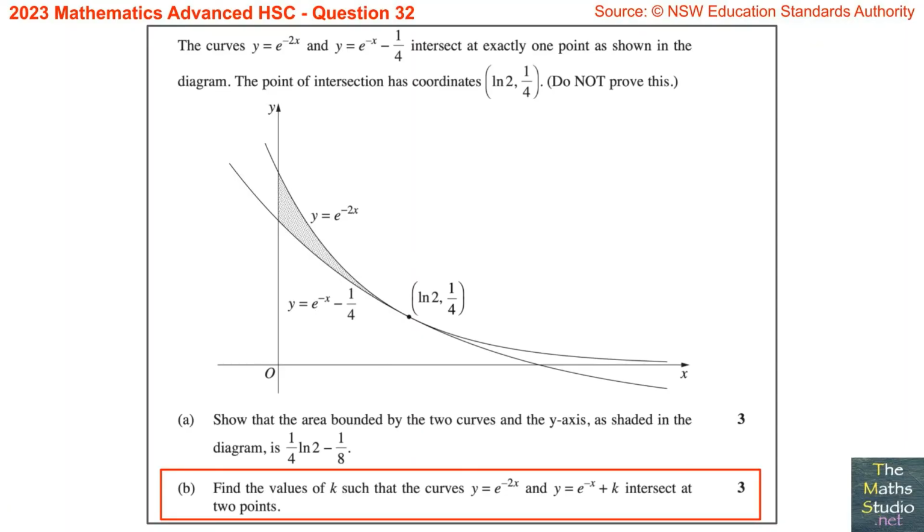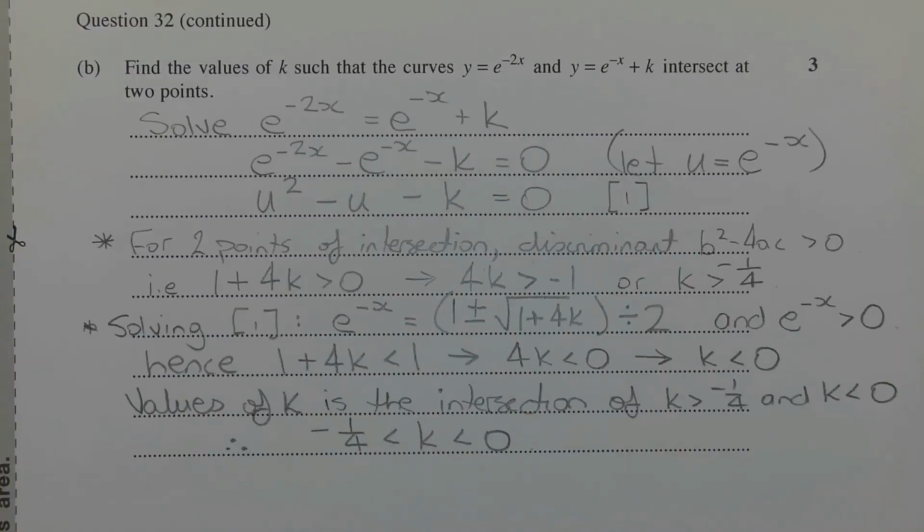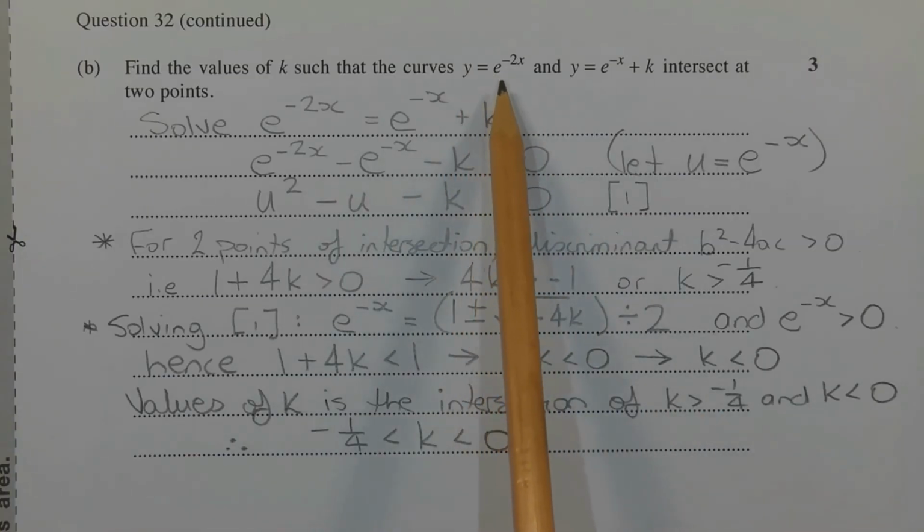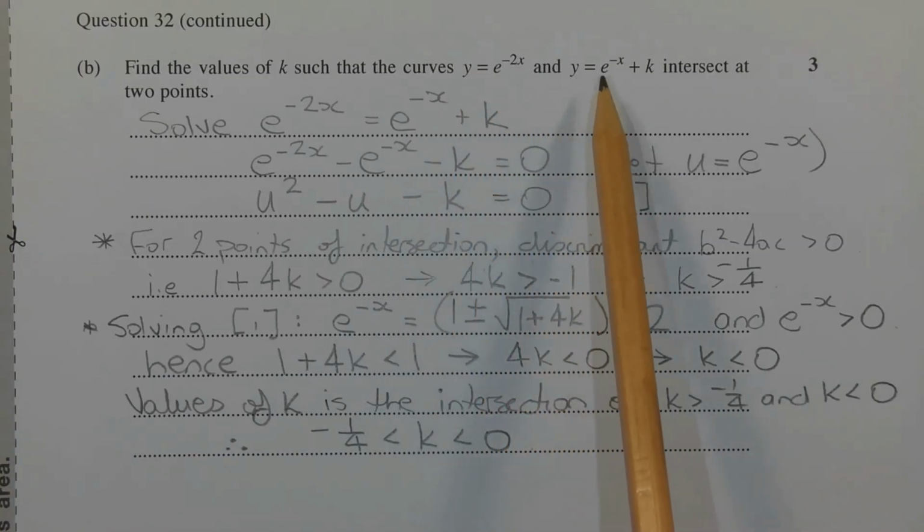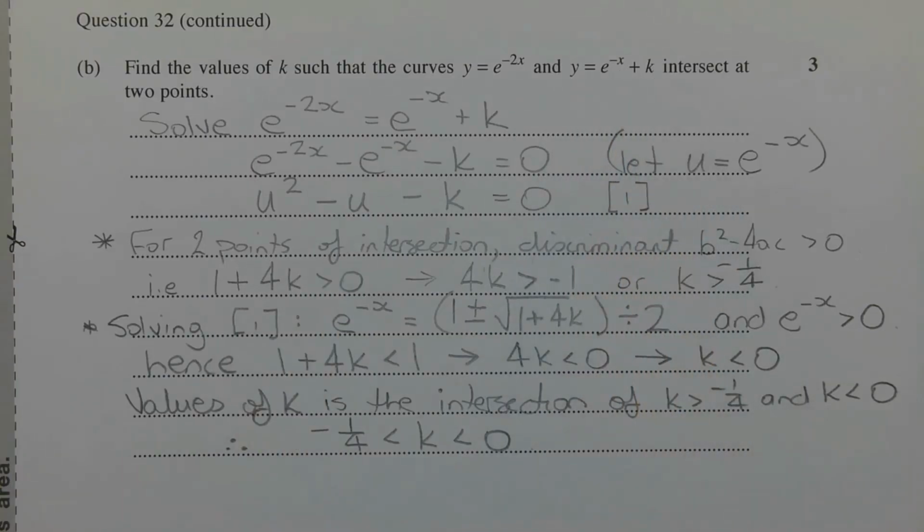Part B. Find the values of k such that the curves y equals e to the power of negative 2x and y equals e to the power of negative x plus k intersect at 2 points. To find the points of intersection, we solve simultaneously the equations y equals e to the power of negative 2x and y equals e to the power of negative x plus k.